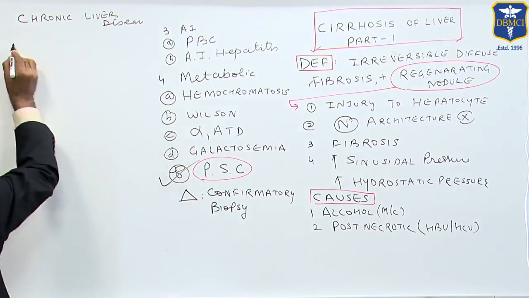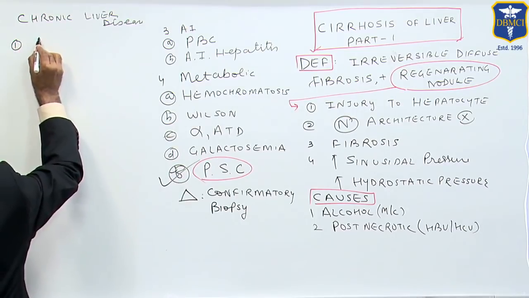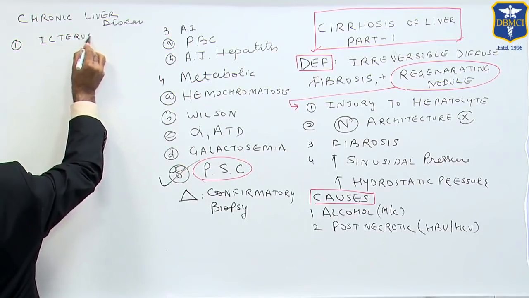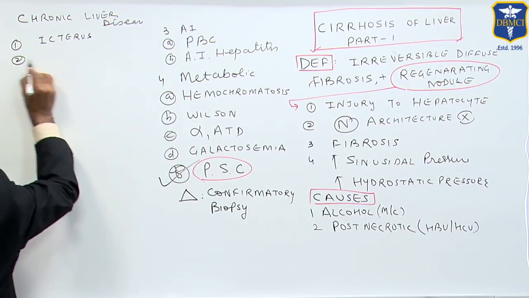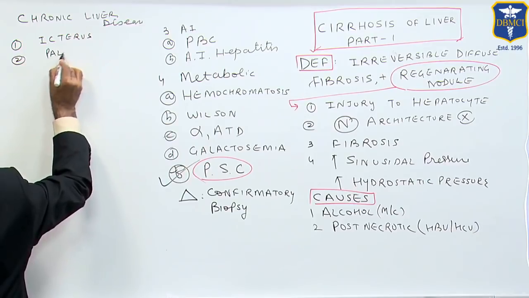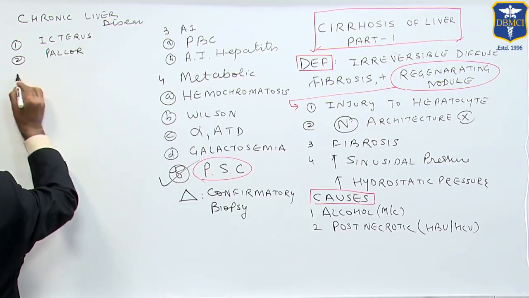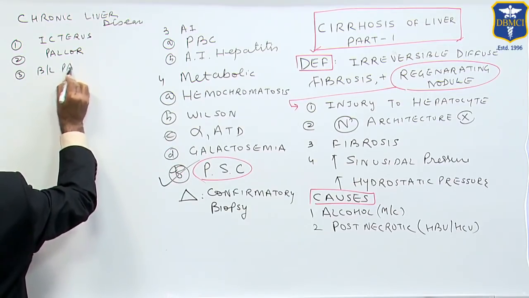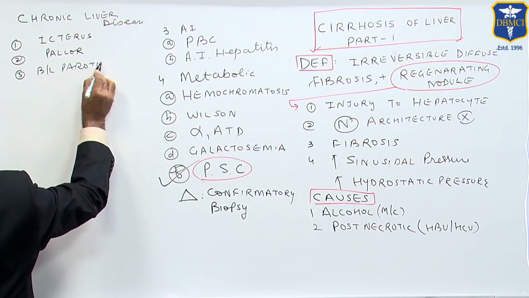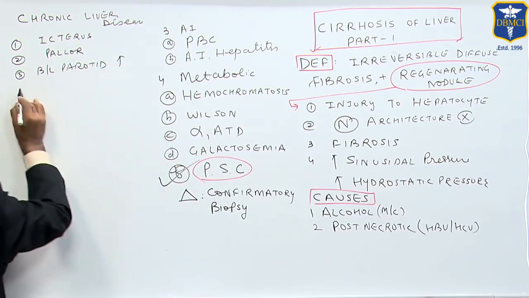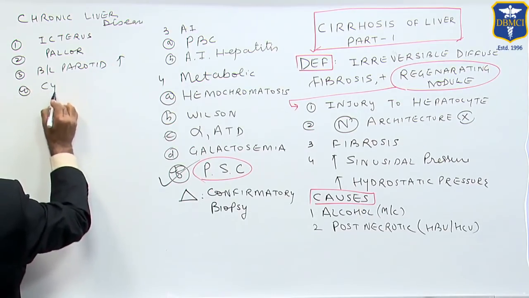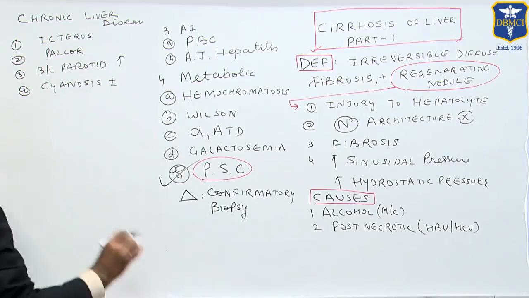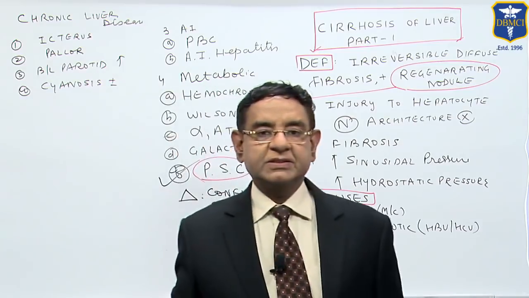These include icterus, that is jaundice, pallor, bilateral parotid enlargement, which can be seen in some cases of cirrhosis.